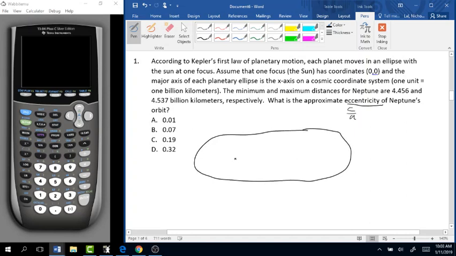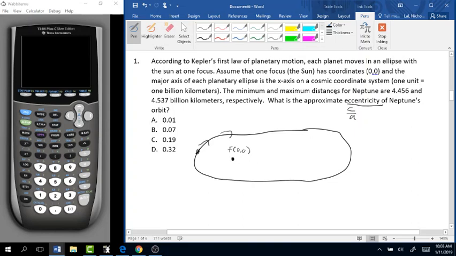This ellipse will have a focus at (0, 0). And remember, Neptune is orbiting this focus along the ellipse.